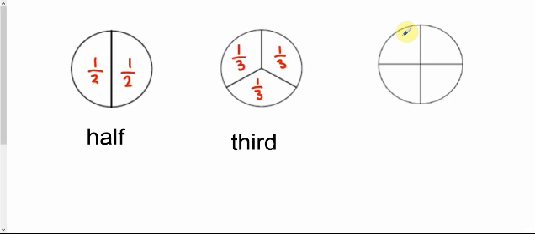Now in here, this one is one part out of, yes, that's right, 4 parts, and it will be the same in here, 1 out of 4. And also in here 1 out of 4, and 1 out of 4.